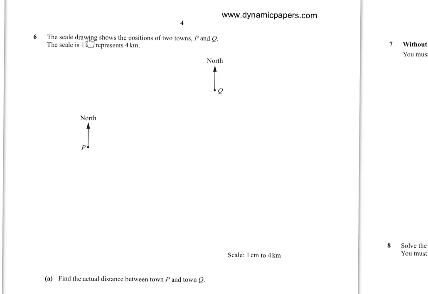Number 6. The scale drawing shows the position of two towns B and Q. The scale is 1 centimeter represents 4 kilometers. Find the actual distance between B and Q. So use your ruler to find the distance between B and Q. The distance is approximately 8.2 centimeters.